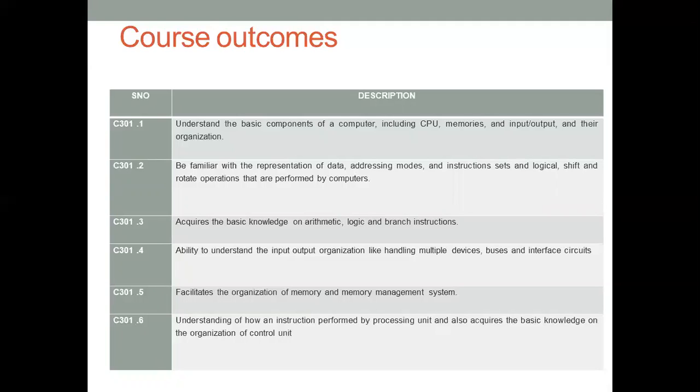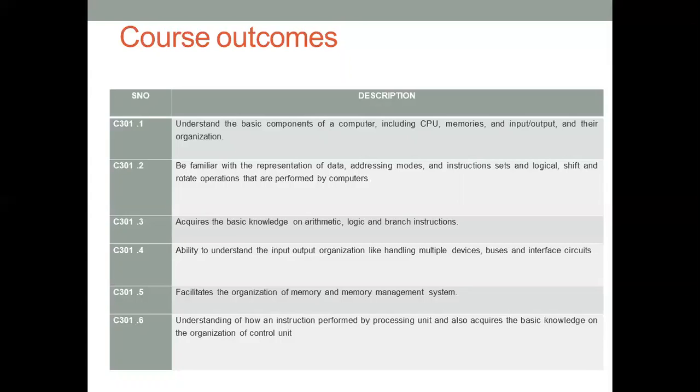All these things are the course outcome number 3. And then in course outcome number 4, the student will get the ability to understand the input-output organization. So he will understand how to handle multiple devices, how to handle the buses, how to handle the interface circuits.